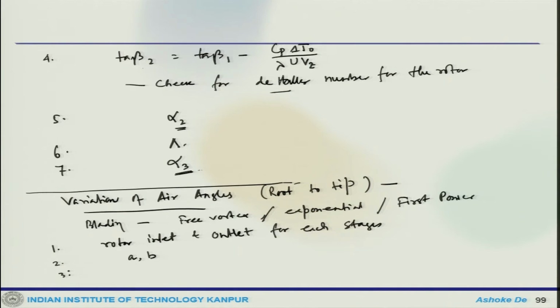Then third, we already have discussed this table with the different blading parameters, and so we can calculate the axial velocity, tangential velocity. So, all these components we can find out.